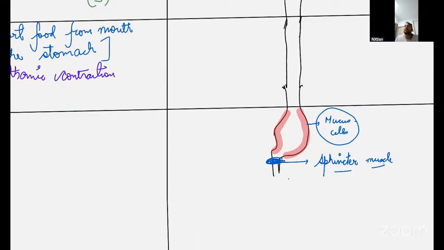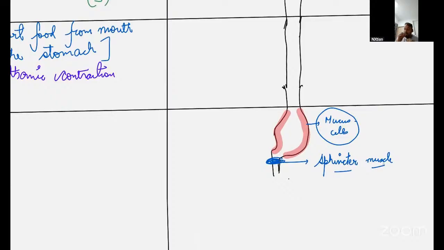When the food is in the stomach, the sphincter muscle closes like this. Everyone, please pay attention on my video. The sphincter muscle will close like this, so that the food in the stomach will not pass through the intestine. This is the role of sphincter muscle. Are you getting this? Yes or no. The sphincter muscle will close so that food will not go down.